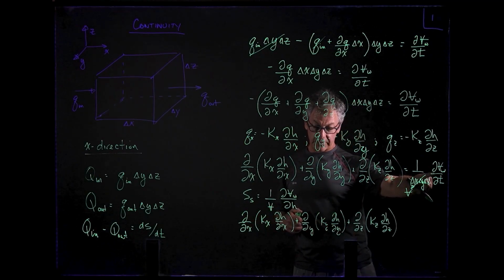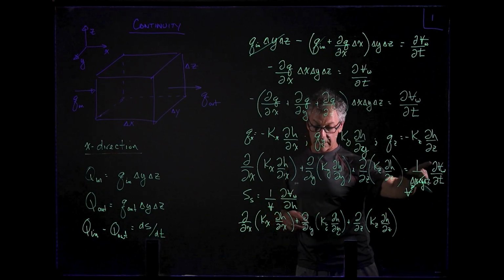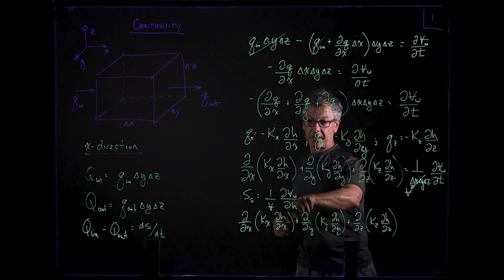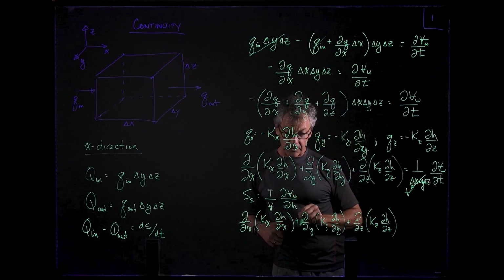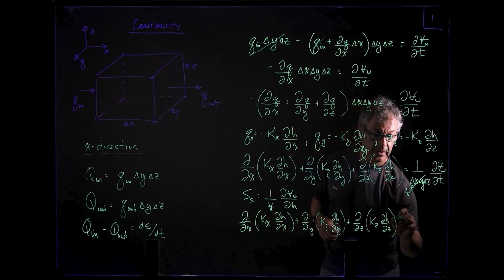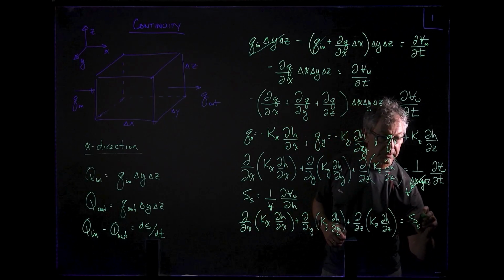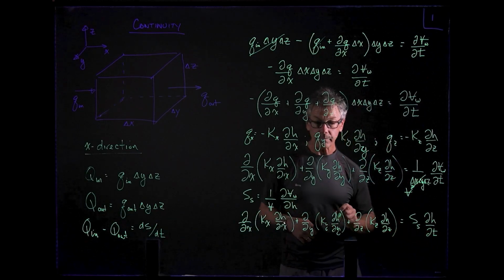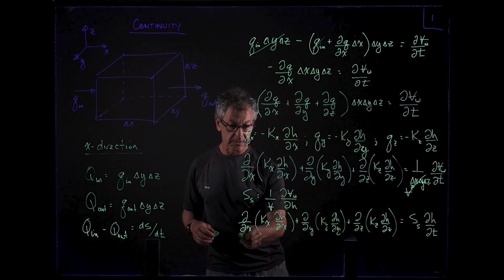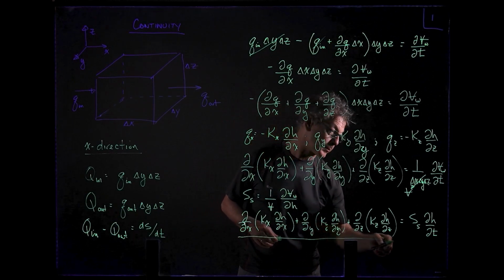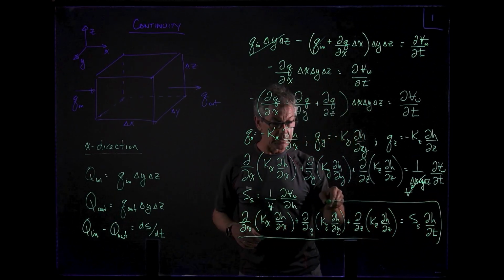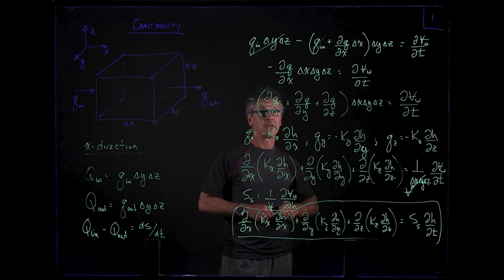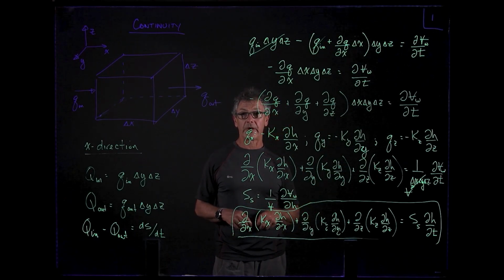Where we substitute in this expression here, notice we have this expression for time and we have this for head. And so when we substitute this in, we end up with the specific storage times the change in head with respect to time. And so this is our continuity equation that accounts for flow in and out of that control volume.